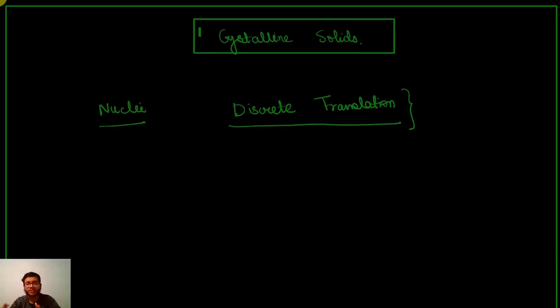So there are repeating units which are called unit cells. And due to this repeating unit, due to the nature of the Fourier transform, we also got something called a reciprocal lattice.